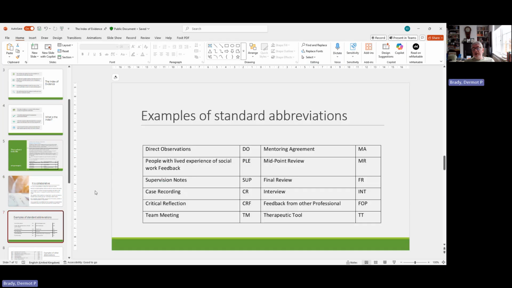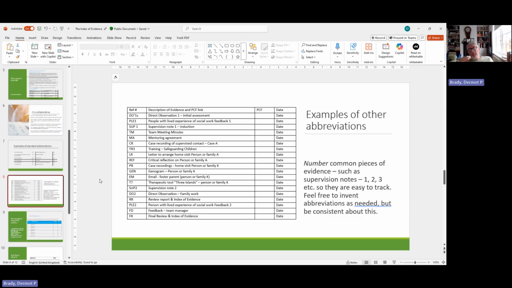There are standard abbreviations. Here's just a couple, but don't limit yourself to that. You can actually invent your own ones. And after a while, you might have 30, 40 items on your index of evidence. So how am I going to distinguish between the various supervision sessions that took place?